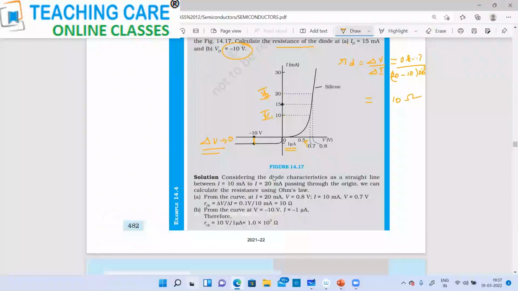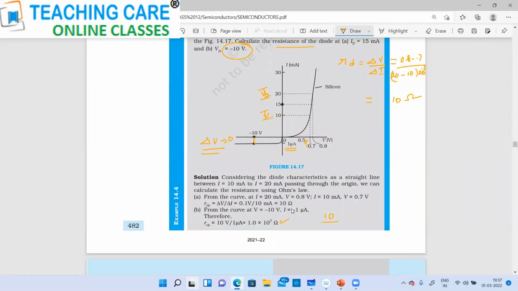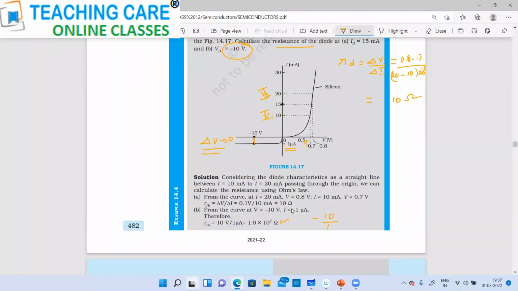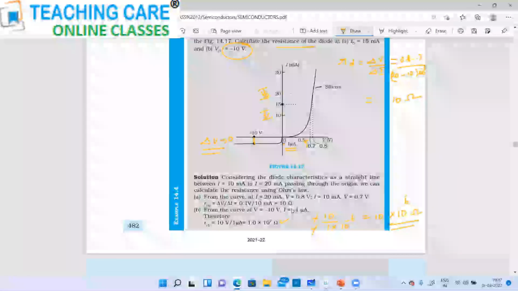I got the power right. Should it be minus 10? Okay. The current will also be negative, no? So it will be only positive. Minus 10 divided by 1 into 10 raised to the power minus 6. So minus minus gets cancelled. 10 into 10 to the power 6 ohm. Correct.